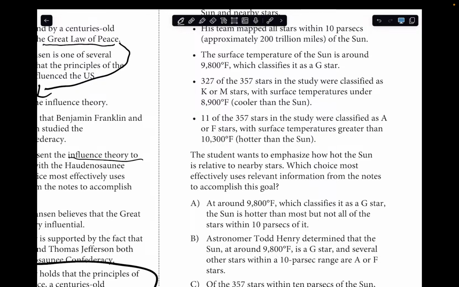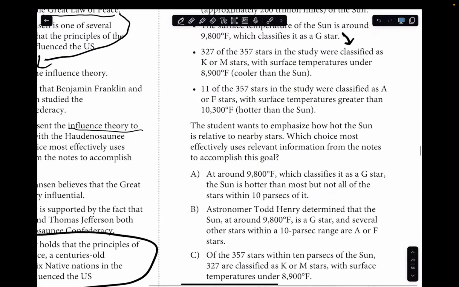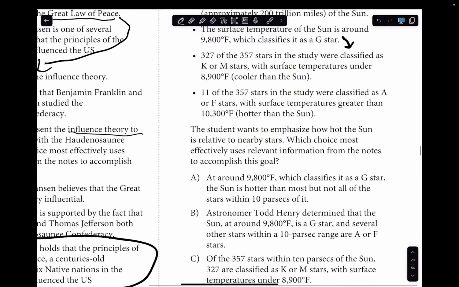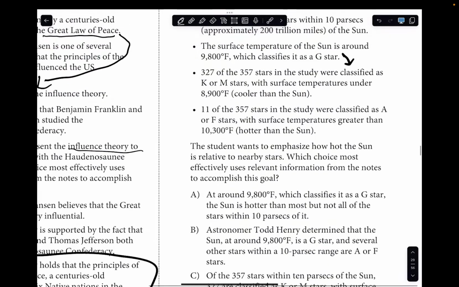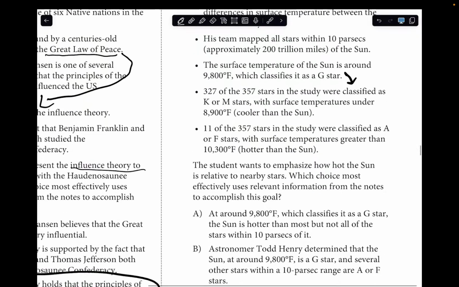A majority of the stars in the study were classified as K or M stars. So they were colder than our sun, which is interesting. And then 11 of the 357 stars in the study were classified as A or F stars with the surface, so a significant minority. There are actually few stars with surface temperature hotter than our own sun. It's interesting. I didn't know that.